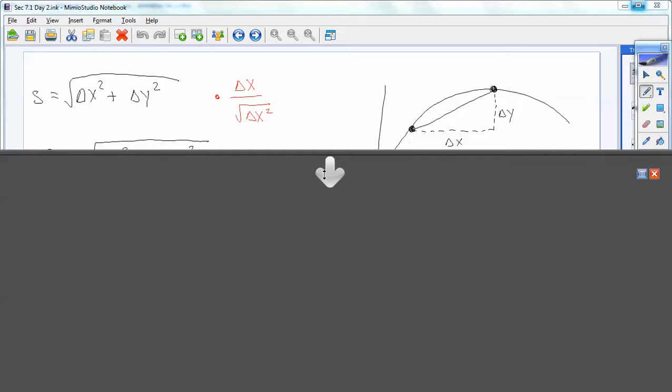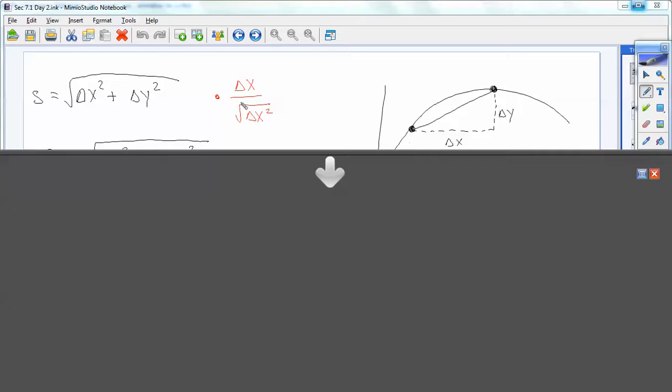To be an integral, it's got to fit that sigma as n goes to infinity, and we have to have that piece at the end, that width, that delta x, that goes to nothing and then becomes the dx. It's part of the definition. So I've got delta x in here, and I just need it to go away. I need to get it out of the square root, basically, so I can have a delta x tacked onto the end.